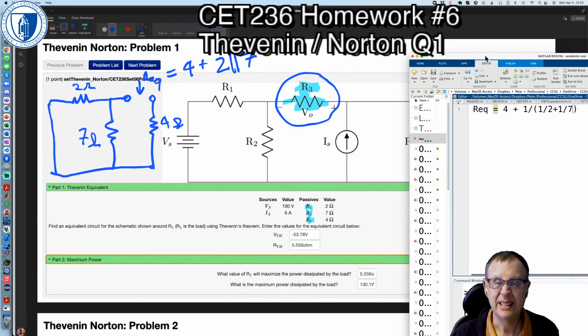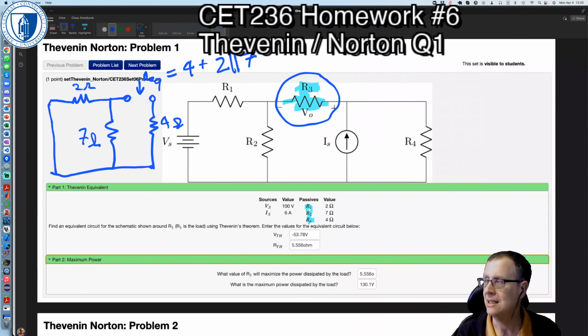And then the Thevenin voltage, unfortunately there's not an easy way to get that, right? What we have to do is figure out the open circuit voltage.